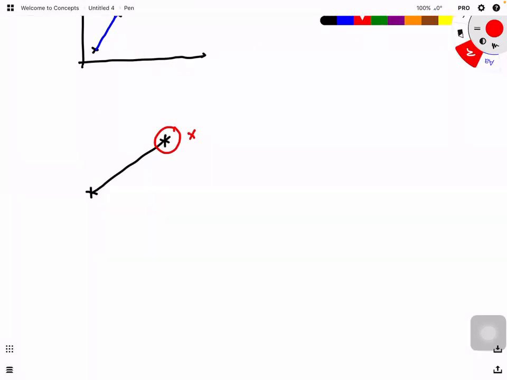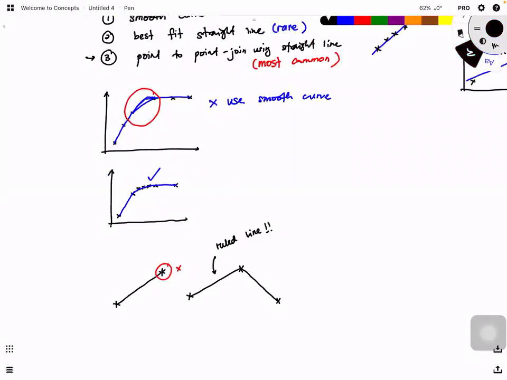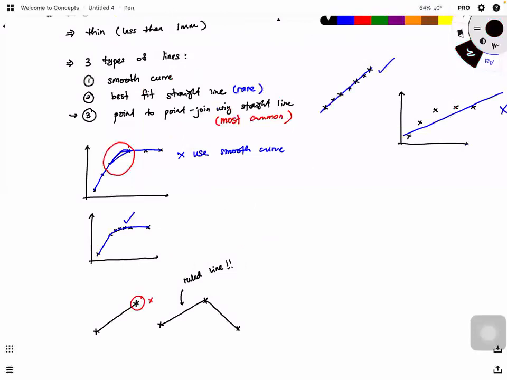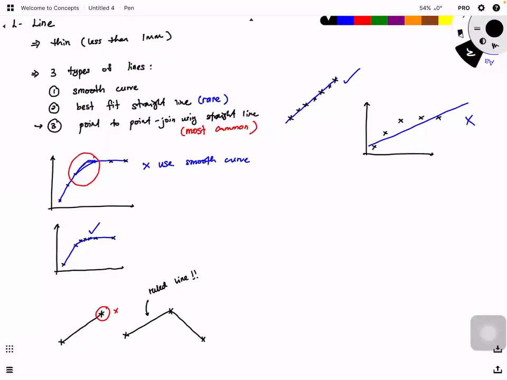It must be from the center of the point to the center of the point, and you have to use a ruler. It must be a straight line. You cannot freehand draw it because it's not a curve. So with this, you can copy down this part for the line.